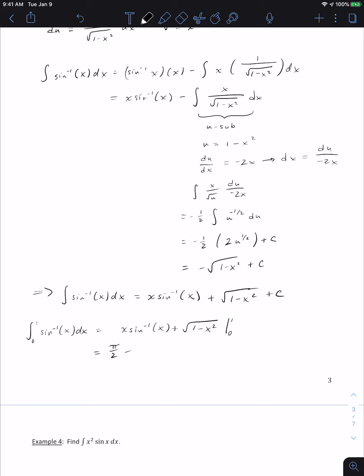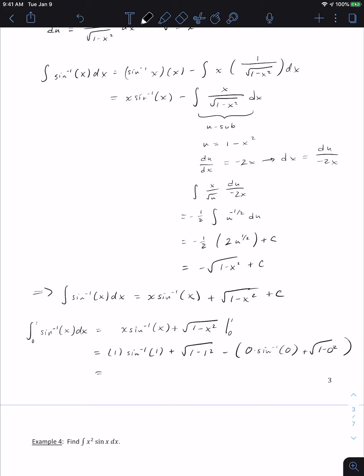Minus, so I can fill in all these points for you here. So this would be 1 sine inverse of 1 plus the square root of 1 minus 1 squared, minus 0 times sine inverse at 0 plus the square root of 1 minus 0 squared.